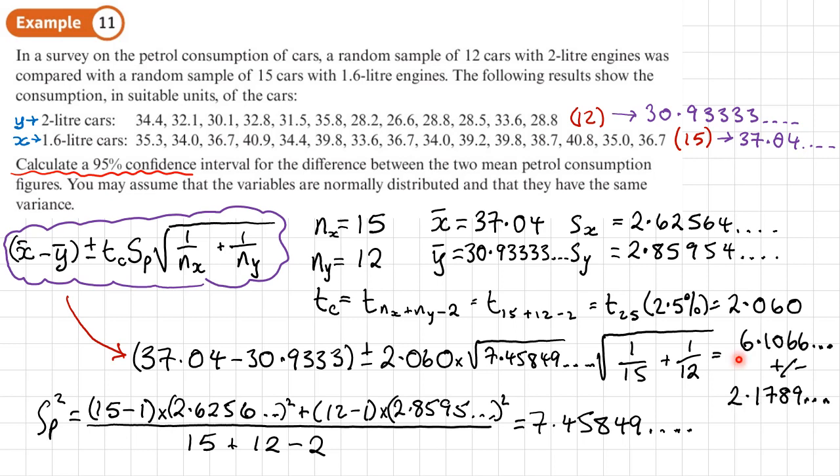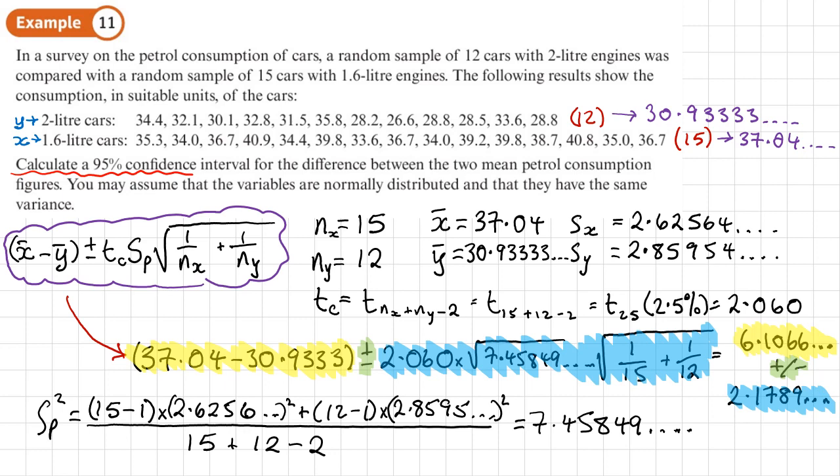Right, so we're going to get the first value here, so this 6.1066 number, which came from here, plus or minus what we get from doing this part of the calculation, so this part here, all of that gave us this number.